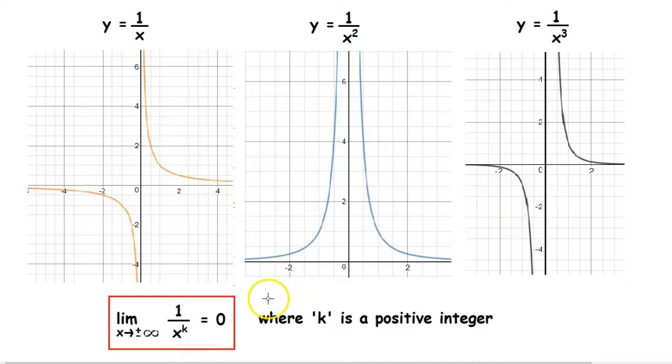So we can generalize this as limit of 1 over x to the power k as x tends to positive or negative infinity is equal to 0, where k is a positive integer. This property is widely used when solving questions.